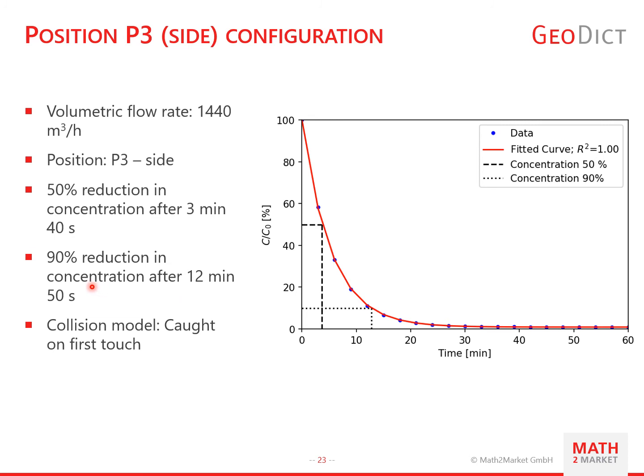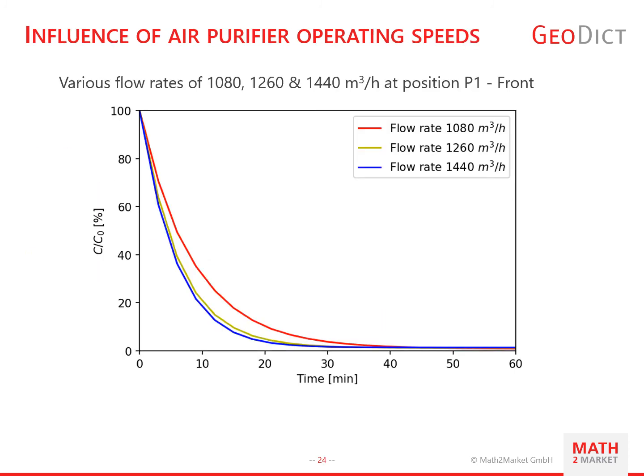And we can also see that we achieve a 90% reduction in concentration after almost 13 minutes. Furthermore, the influence of air purifier operating speeds or volumetric flow rates can be investigated in detail. Here we tested 3 various flow rates of 1080, 1260 and 1440 cubic meters per hour at position P1, which was the case that the air purifier was in the front of the room.